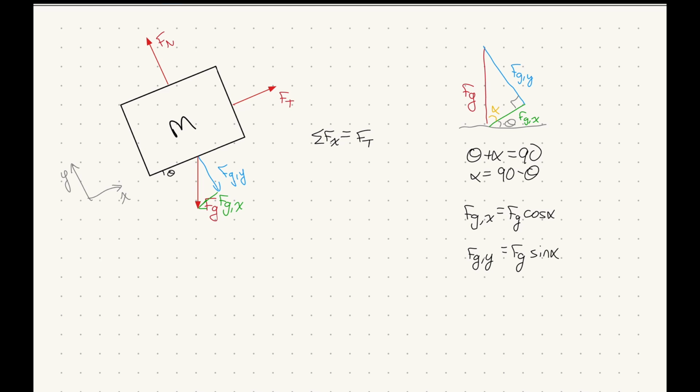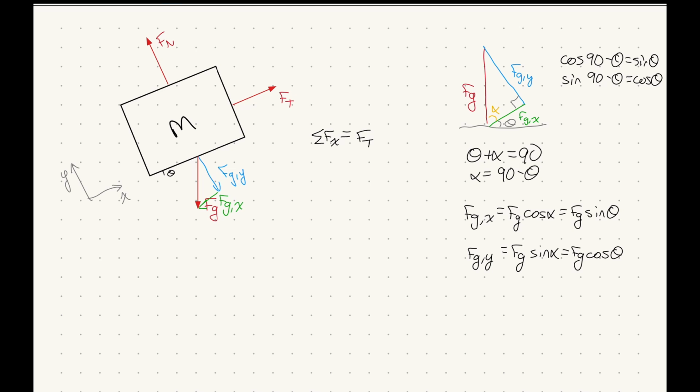However, cosine of 90 minus theta is actually just equal to sine of theta. And sine of 90 minus theta is equal to cosine of theta. So we can rewrite this as the gravitational force times sine of theta, and we can rewrite this as the gravitational force cosine of theta. All right, now we should be able to figure out the rest of the problem.